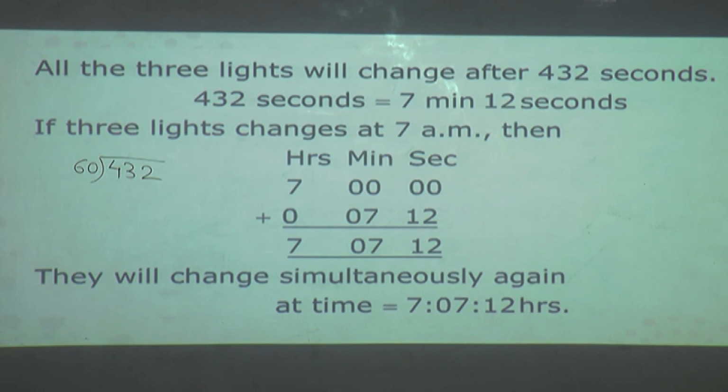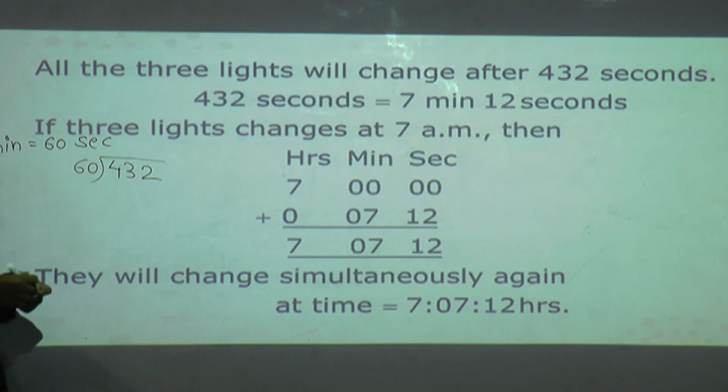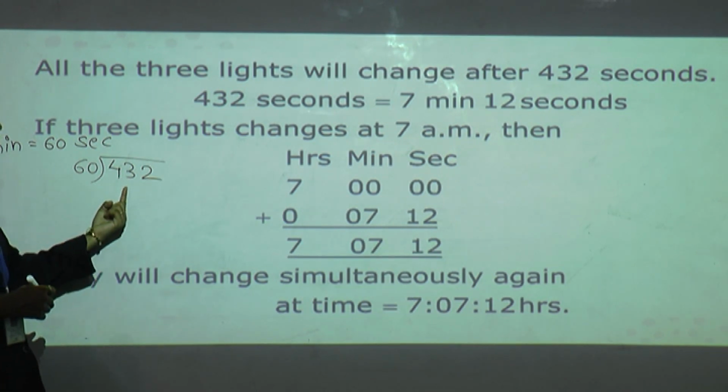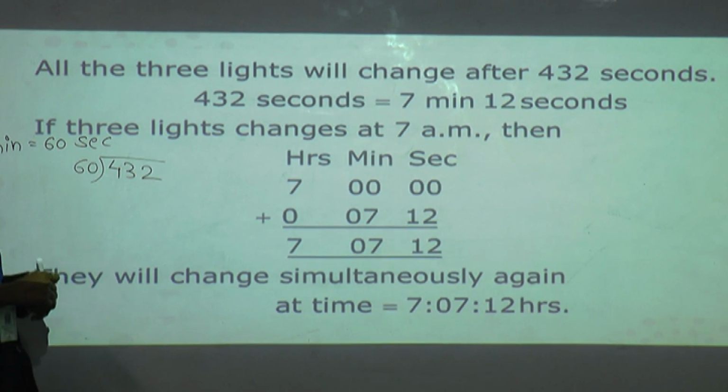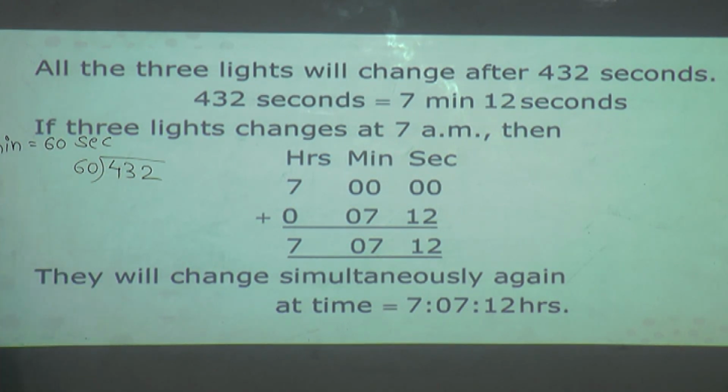Because we know that 1 minute is equal to 60 seconds. So in order to find out, we have to divide 432 by 60. Okay. So 60.